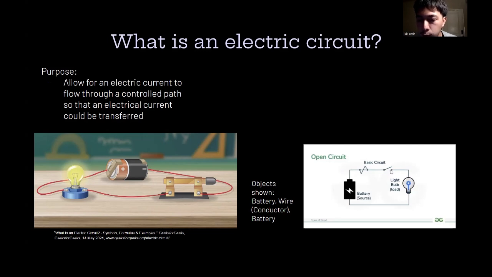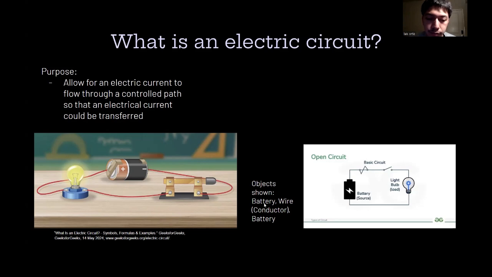Once this is connected, this light bulb, which is a load, will turn on, and the current will go all around, which is what makes it an electric circuit. So the objects shown here are the battery, the wires, which are conductors, and the light bulb.